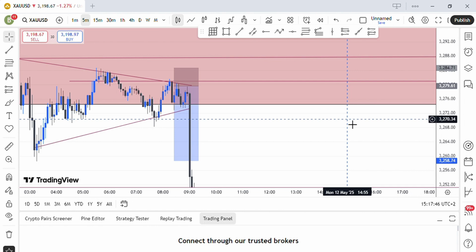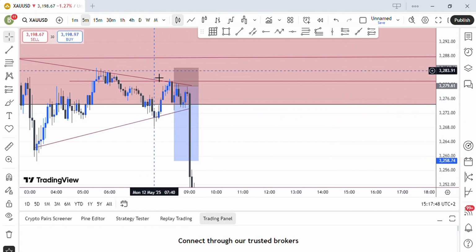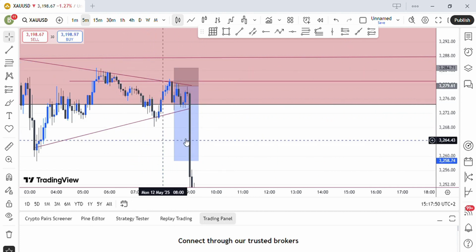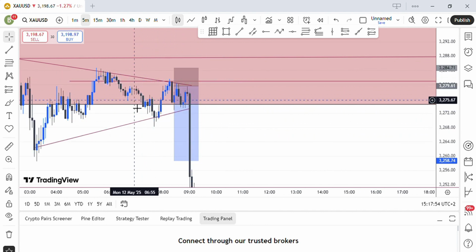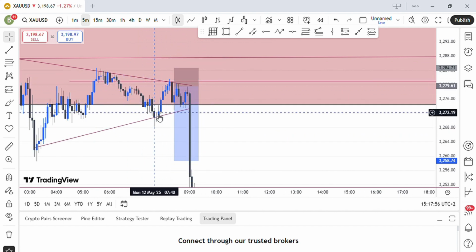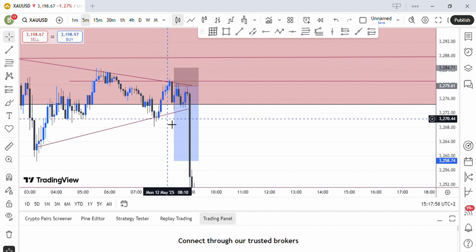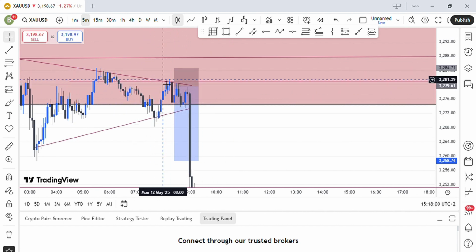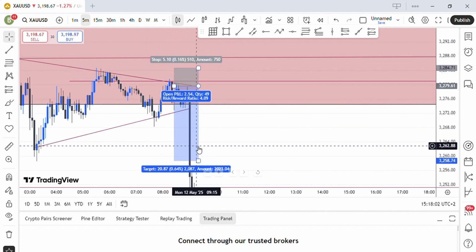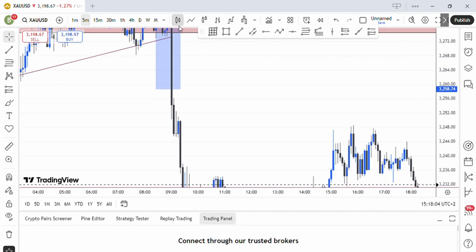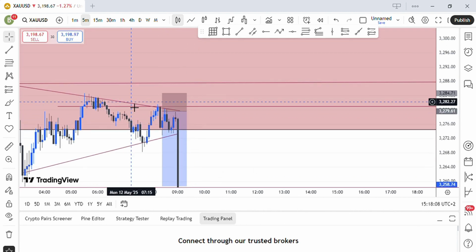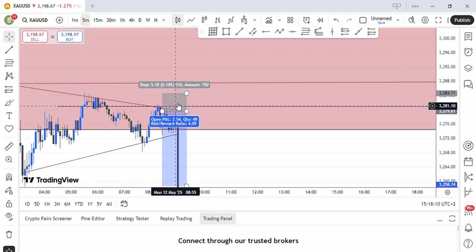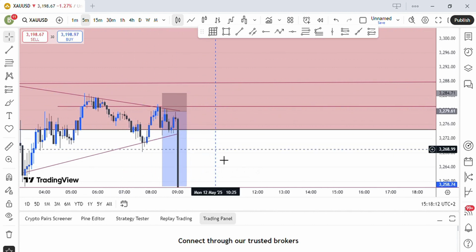This is the first trade that I was looking at, but I missed it because I was focused on one level, and price created another level and reacted off that level, which gave us this strong selling pressure here. So this was the first trade that I was looking at initially and I missed it.